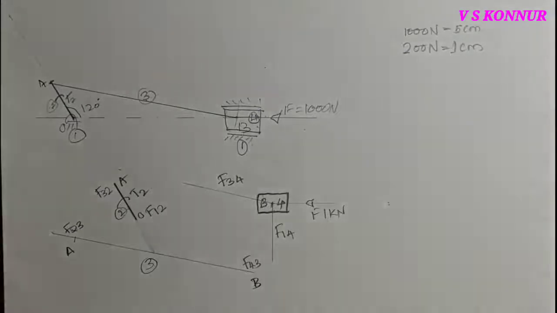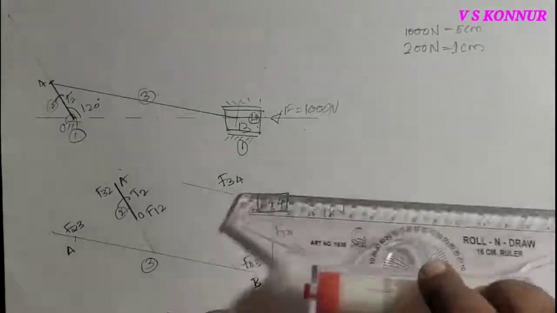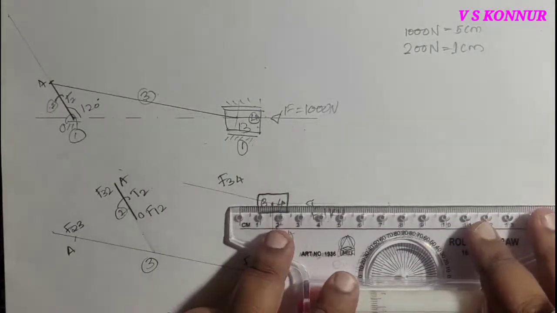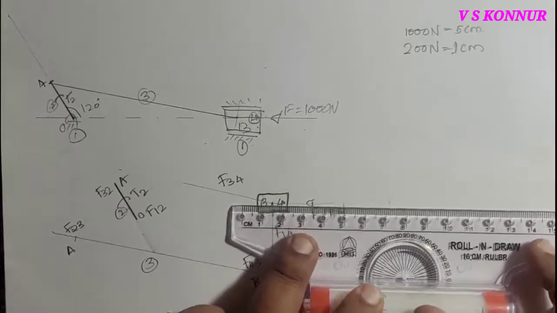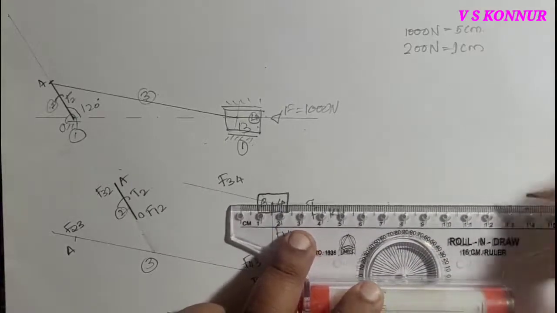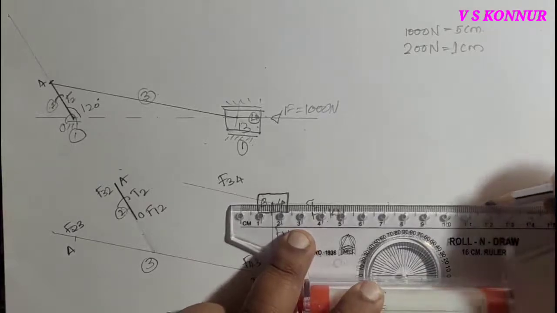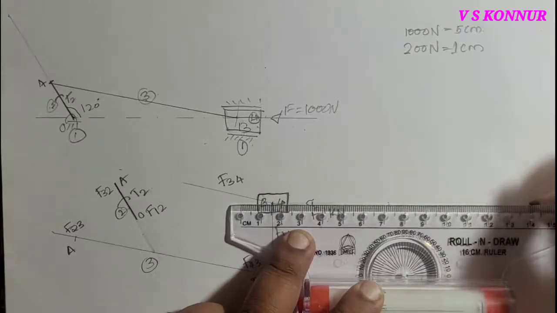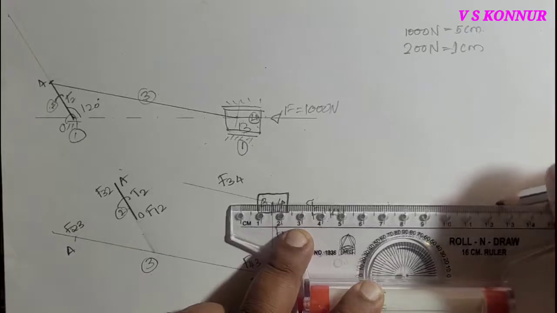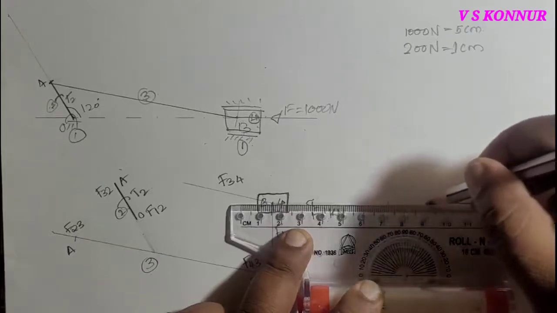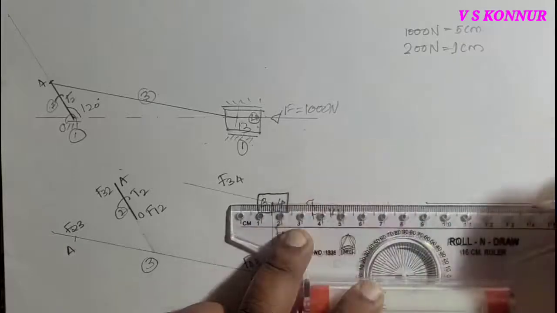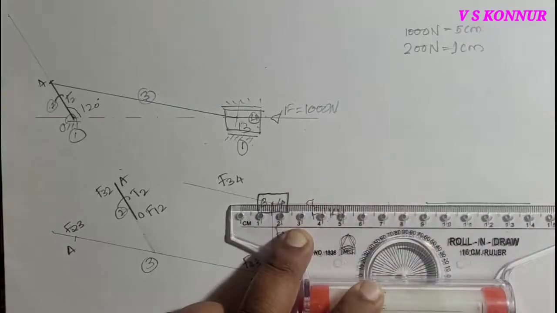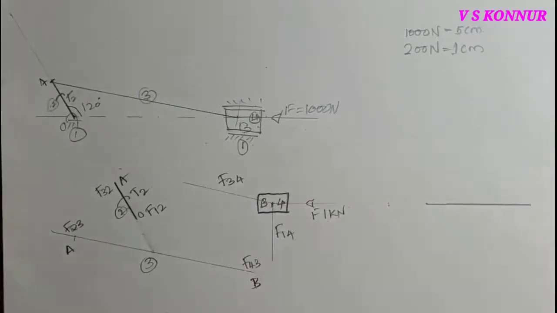Now draw parallel to this F, or you can take it as a horizontal line of 5 centimeter or 50 millimeter. Parallel to F, that is nothing but the horizontal force you have to draw, 5 centimeter.